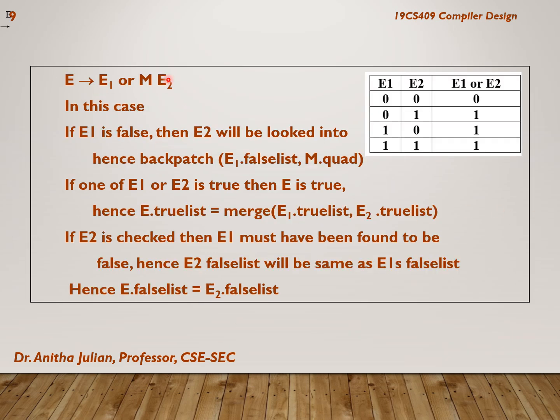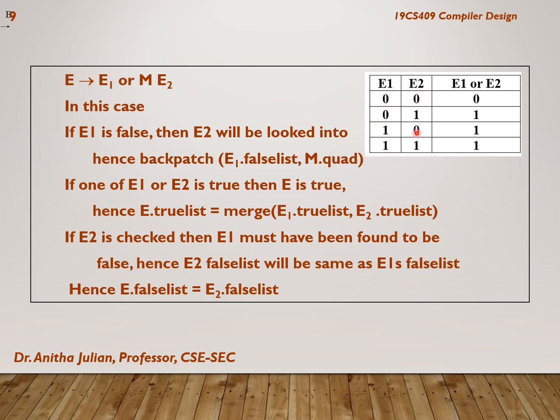We'll come to the OR condition. In the OR condition, if E1 is false, then we have to definitely look into the second part, because if the second part is true, then the answer is true. So it will be backpatch of E1 false list. Already we know that this is false.